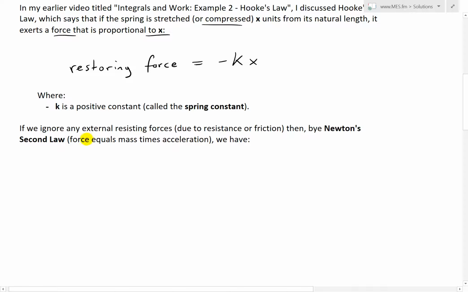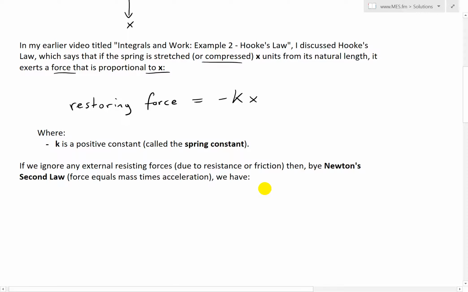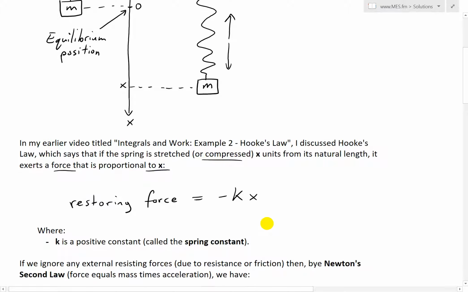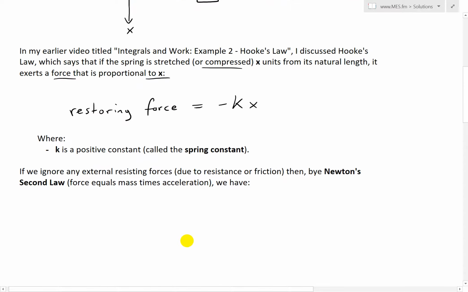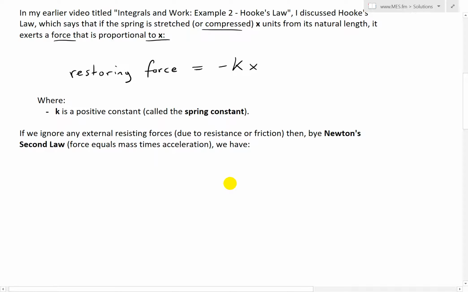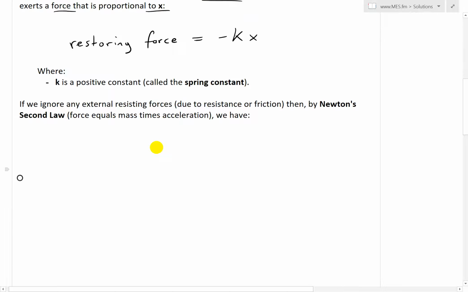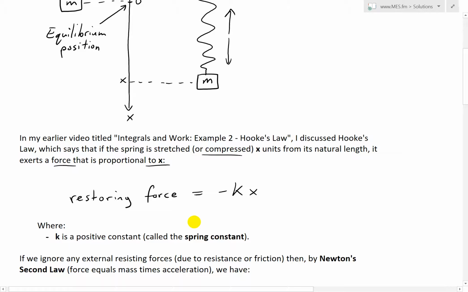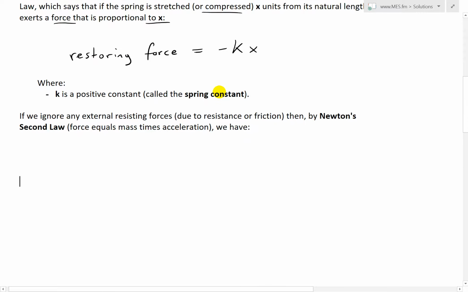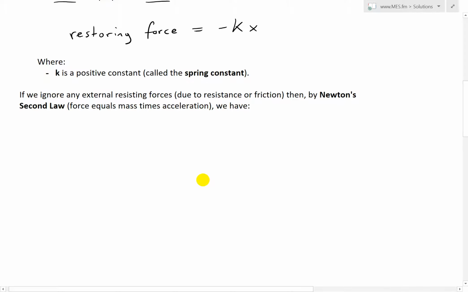So now if we ignore any external resisting forces due to resistance, friction, or any losses in energy or heat when you pull the spring, then by Newton's second law, which states force equals mass times acceleration, we have, by Hooke's law, a restoring force, and force by Newton's second law is mass times acceleration.